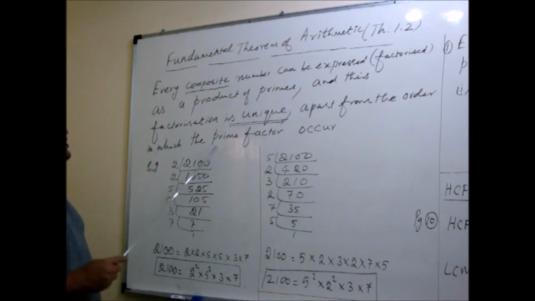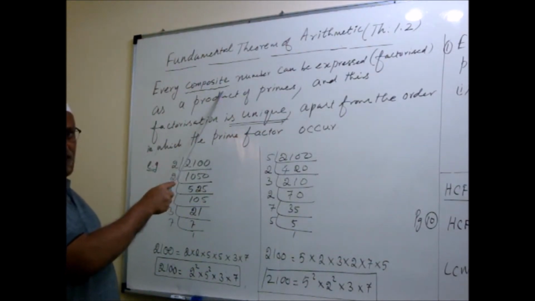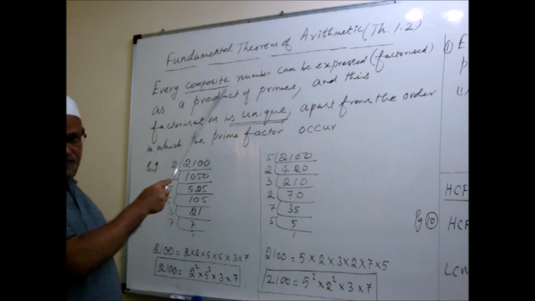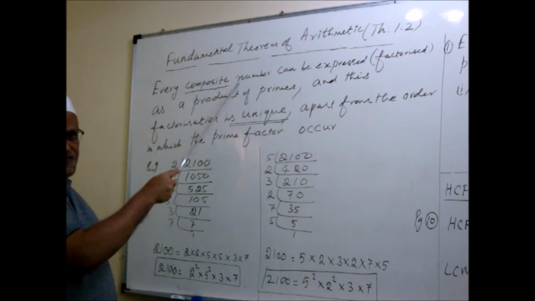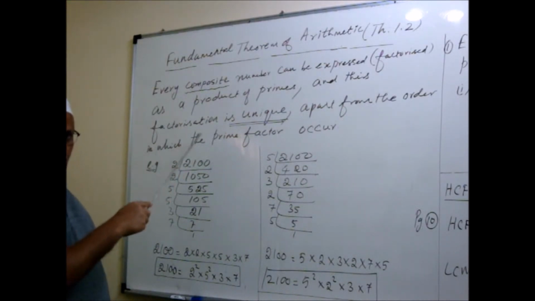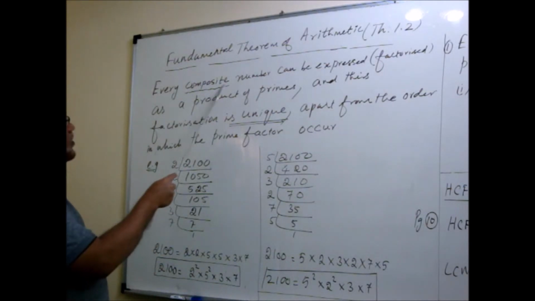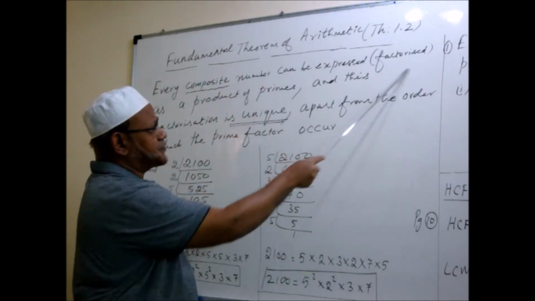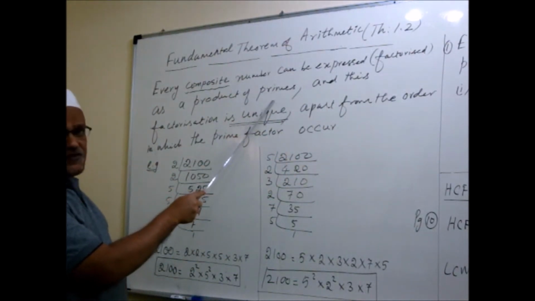What does the theorem say exactly? Every composite number, composite number means having more than 2 factors. A prime number has exactly 2 factors. These numbers have more divisors other than 1 and the number itself. Such numbers are composite numbers. Every composite number can be expressed or factorized as a product of primes.